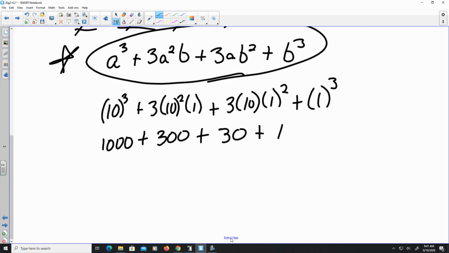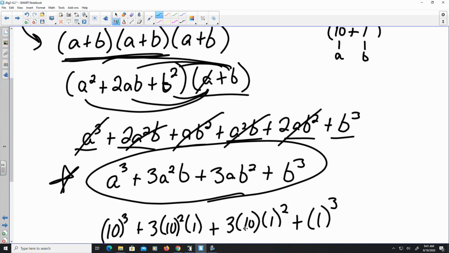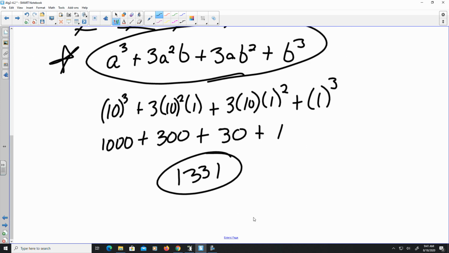So 1,000 plus 300 plus 30 plus 1 is 1,331. And 11 to the third power, you should double check it, should be 1,331, which it is.